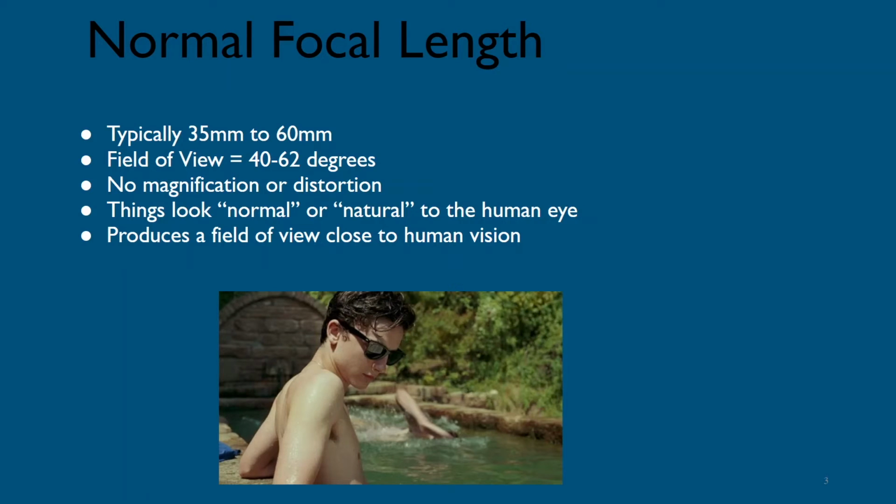We have what's called a normal focal length, and it's called normal because it adheres to what your vision sees. We have our own focal length, somewhere between 40 and 50. It just looks normal. It's what we're used to seeing, so nothing is out of the ordinary.